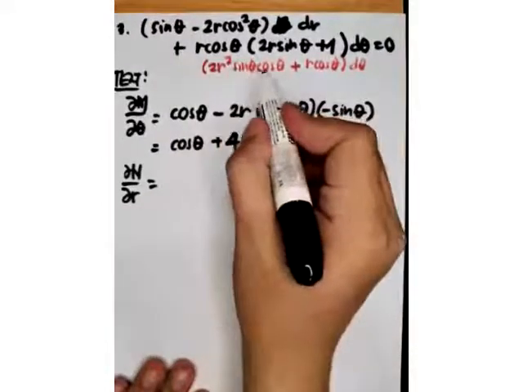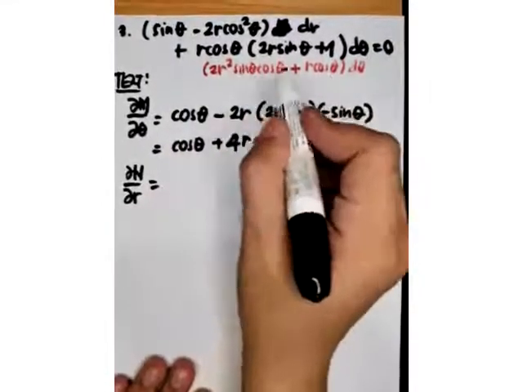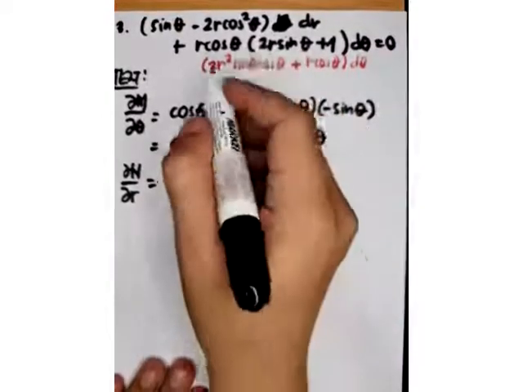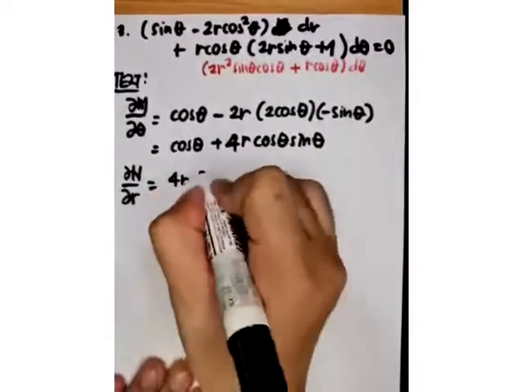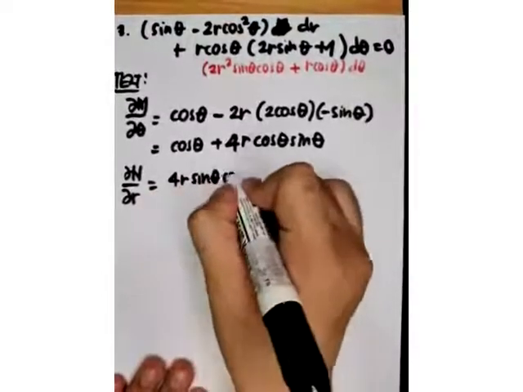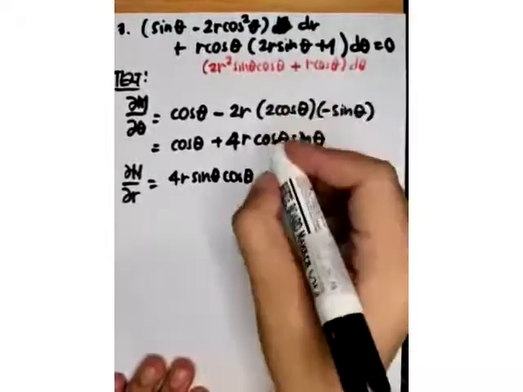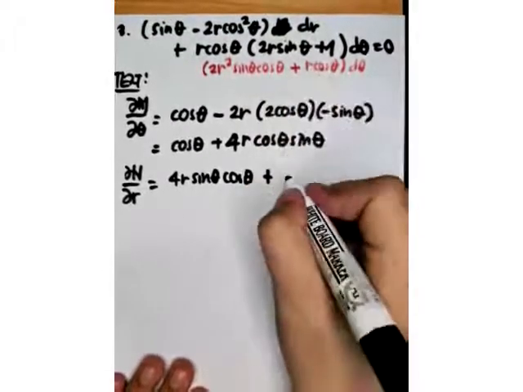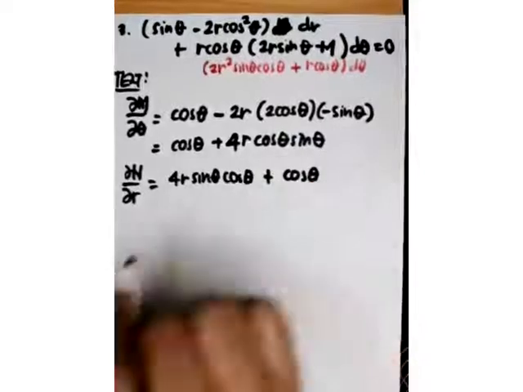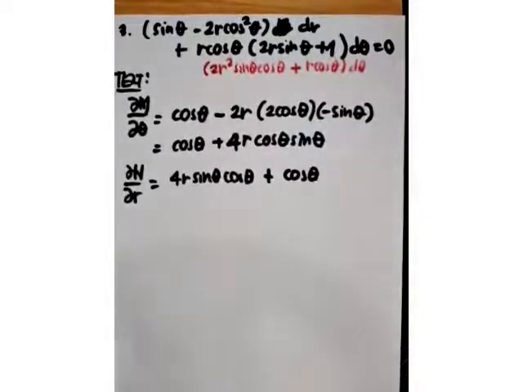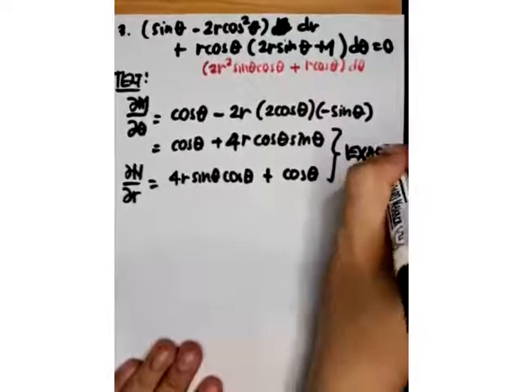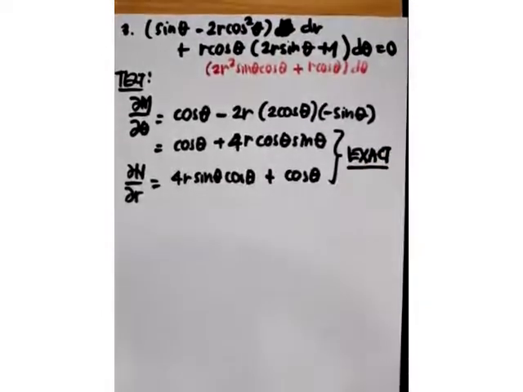So, therefore, sine theta and cosine theta will act as a constant term. So, hindi derive lang natin dito yung r. So, anong derivative nito? So, that is 4r sine theta cosine theta plus, okay, cosine theta is constant, so r yung lang diniderive. So, that's cosine theta. Okay. Are they equal? Yes. So, therefore, it is exact. Okay?